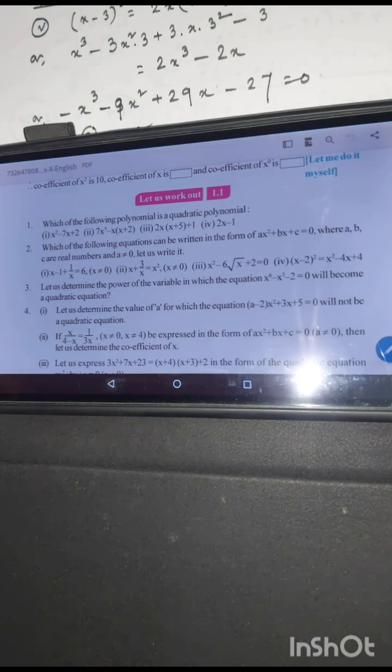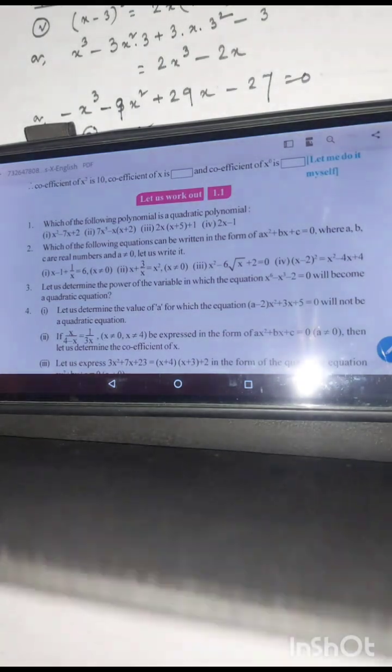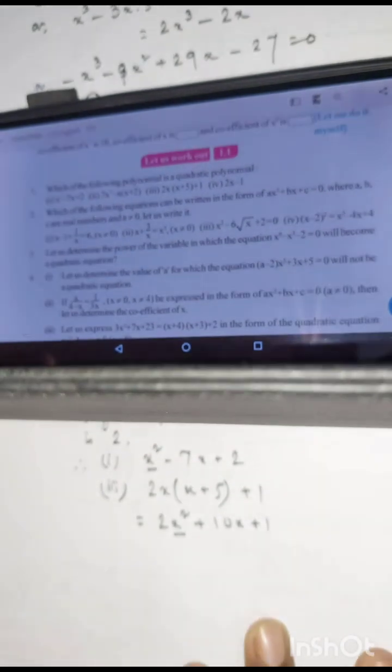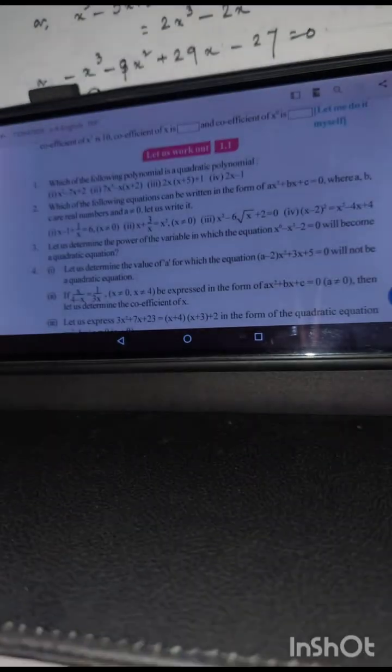Question number 2 says, which of the following equations can be written in the form of ax square plus bx plus c equal to 0, where a, b, c are real numbers and a not equal to 0. Okay, so question number 2, Roman 1, x minus 1 plus 1 by x equal to 6.